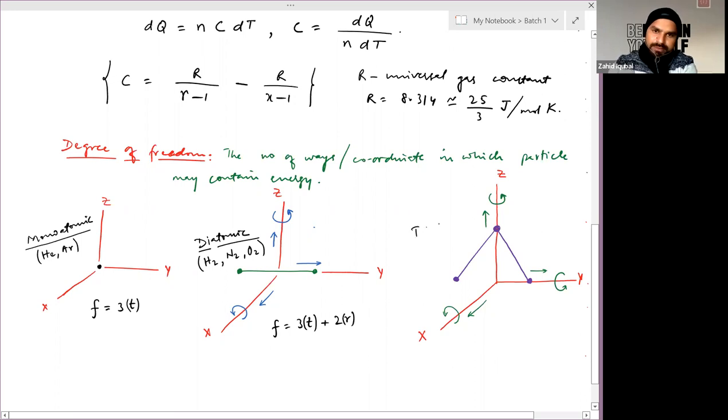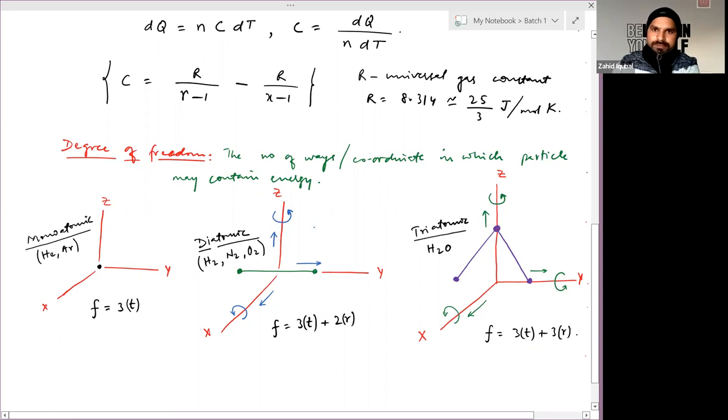In triatomic, I'm just considering the H2O molecule. This will not be valid in case of CO2, since CO2 exists as linear, so it will have just 5 degrees of freedom, just like a diatomic particle. So the number of degrees of freedom for this will be 3 translational and 3 rotational, that is total 6.